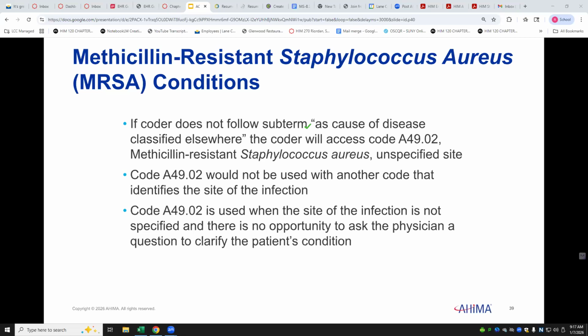This is not ever used with a code that identifies the site of infection. You only use the A49.02 when the site isn't specified and you can't ask the physician to clarify it.